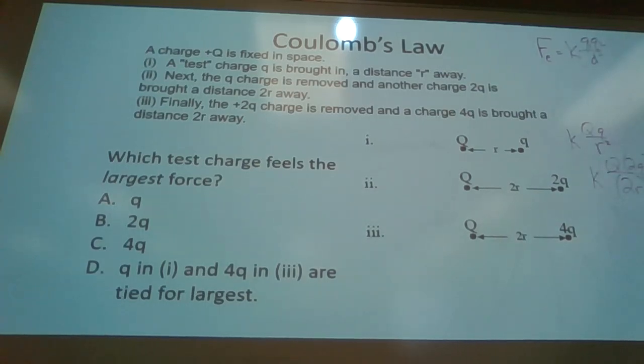So the coefficient is 2 over 4, equal to 1/2. Here you have k Q over 4Q over 2R squared. So that ends up being 4 over 4, 1 over 1. Just the same thing as that. Correct answer is D.